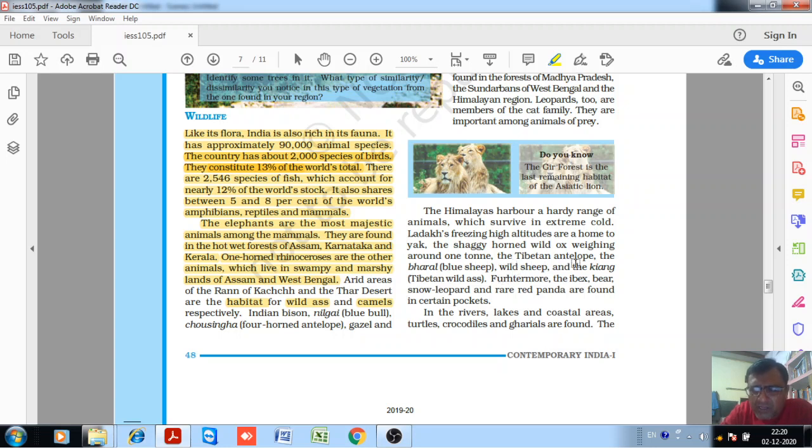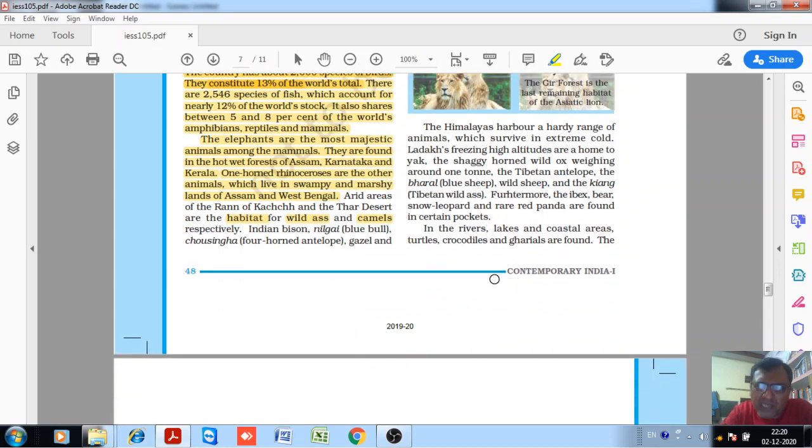The Tibetan antelope, the blue sheep, bharal, wild sheep, and the kyang. These are the local names of those animals which are found in Ladakh region or the Himalayan region. Furthermore, the ibex, bear, snow leopard and the rare red panda are found in certain pockets of the Himalayas.